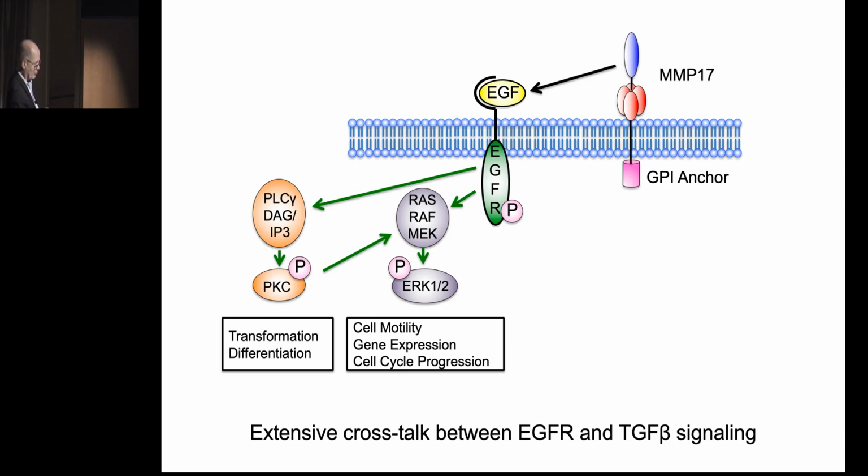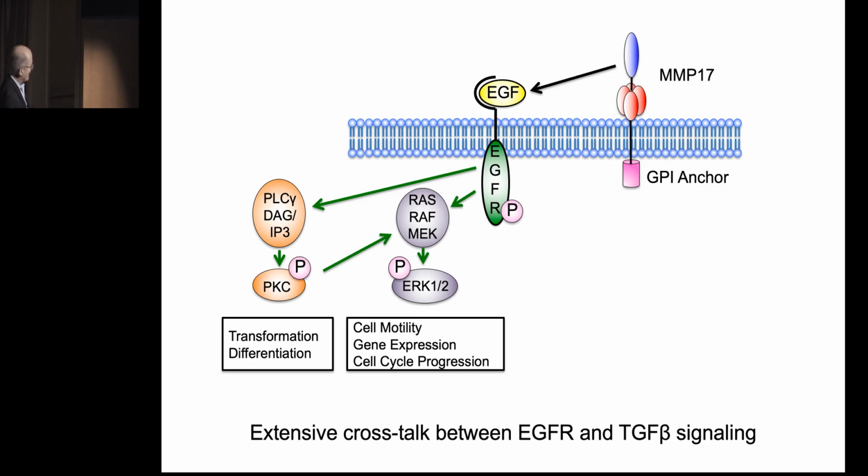It has direct protease activity, but also has activities independent of its protease domain. One such activity is the ability to transactivate the EGF receptor, even in the absence of the EGF ligand. And this in turn sets in motion the PLC, IP3, PKC, ERK axis.